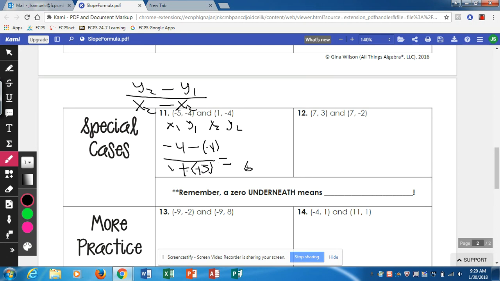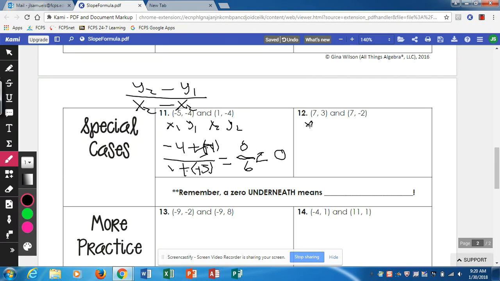We have 6 in the denominator. And in the numerator, these two are going to change to positive, and then we're going to have 0. So now, as you can see, we have 0 over 6, which is just simply 0. Okay, so that's one special case. Another special case is when we have an undefined slope. So let me go ahead and do this one.